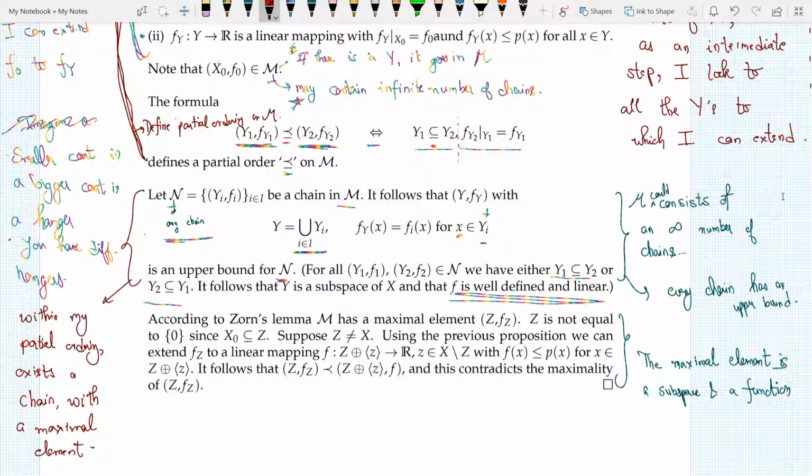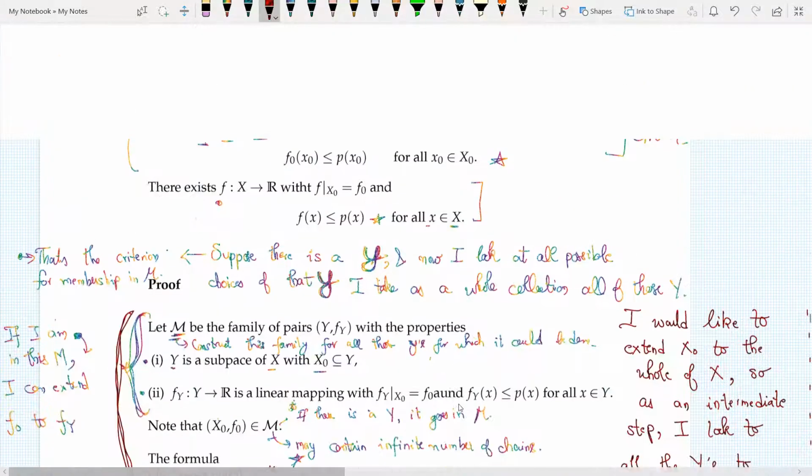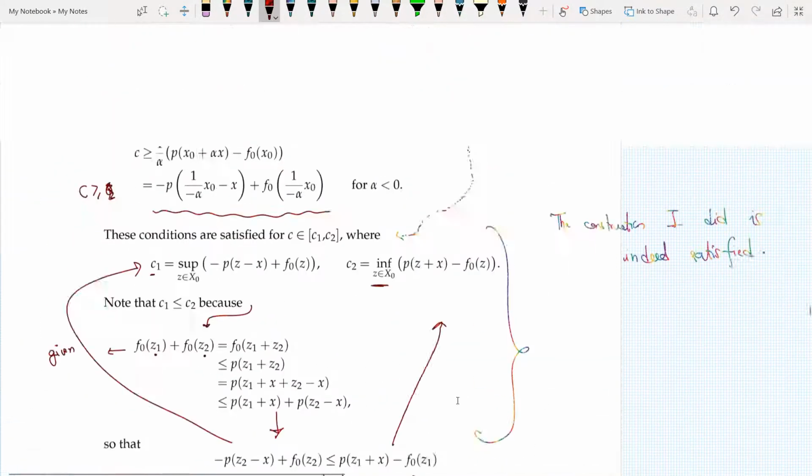I took any chain, see this N is any chain, and that capital M could have an infinite number of chains, and that chain that I took has a maximal element given by this Y, f Y is the maximal element of my chain. Now let's take a look back into the Zorn's lemma that we did before.